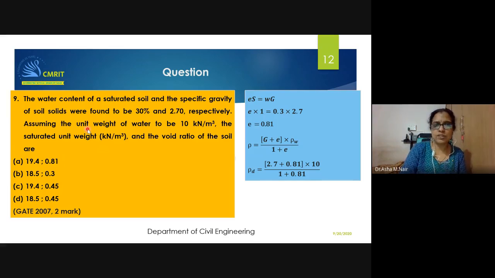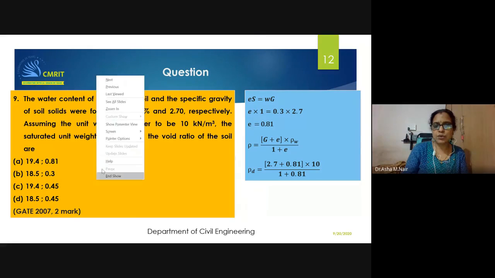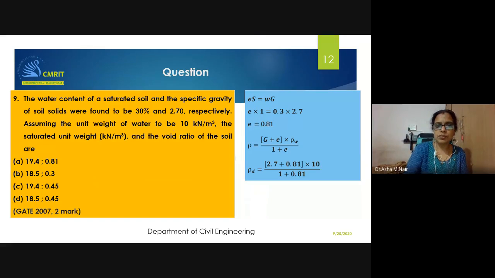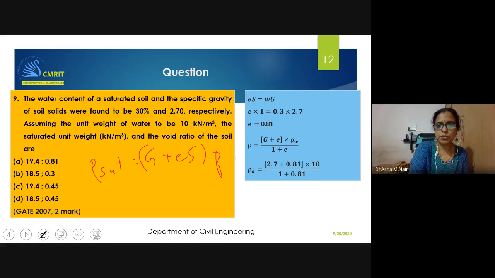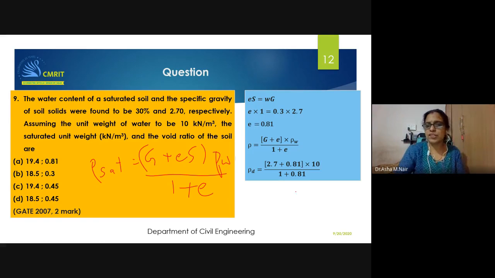Now, how do you get the saturated unit weight? You know the expression: rho sat is equal to (G plus e S) rho w divided by 1 plus e. Rho w you already know. S is equal to 1 because it is a saturated unit weight. So G plus e times rho w by 1 plus e, just substitute. G is 2.7 and e is 0.81, and 1 plus 0.81 is 1.81. So 2.7 plus 0.81, times 10, divided by 1.81.